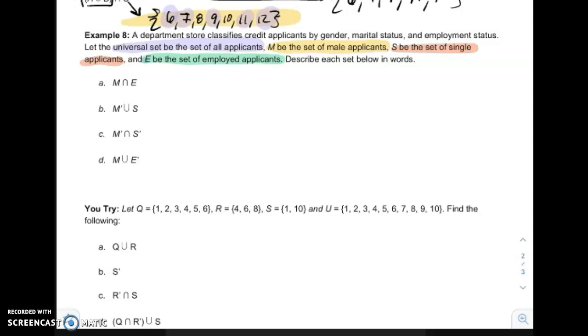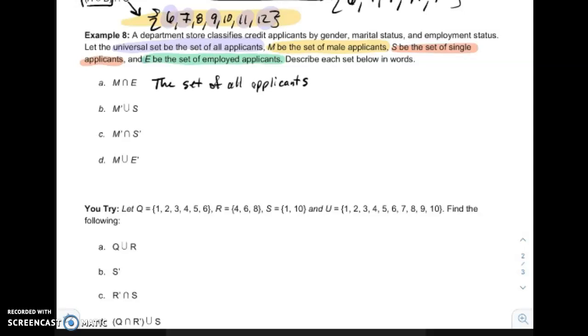So M intersection E, it has to be what they share. So okay, I'll just write it. It's the set of all applicants. If I just said set of all applicants, that would be the universal set.